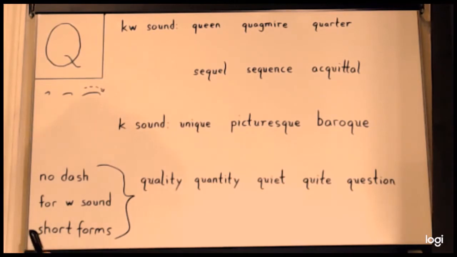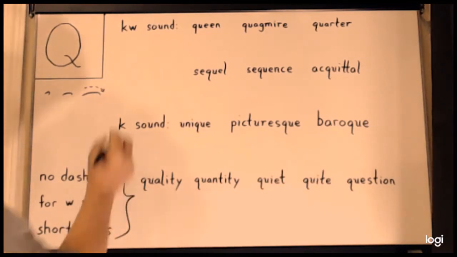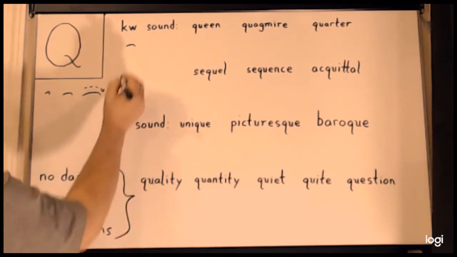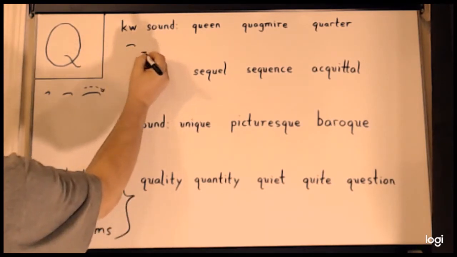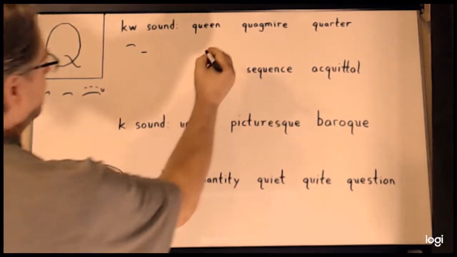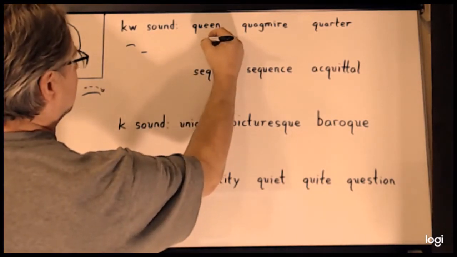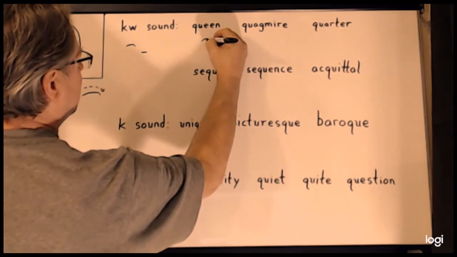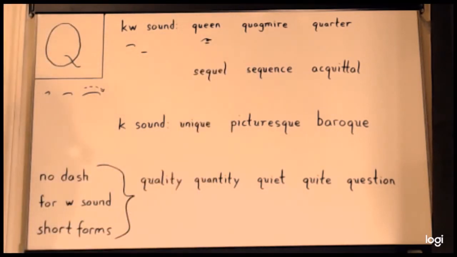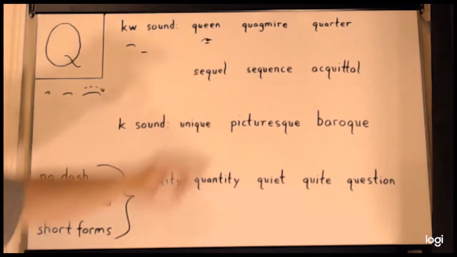And I'll go over this. So the KW sound is represented by the K, of course, and then a dash that is written underneath the vowel. So for the word queen, we'll just write the K-E-N, and then the dash right underneath for queen.